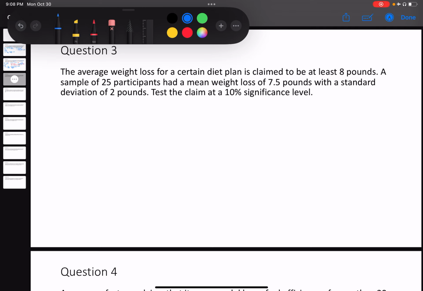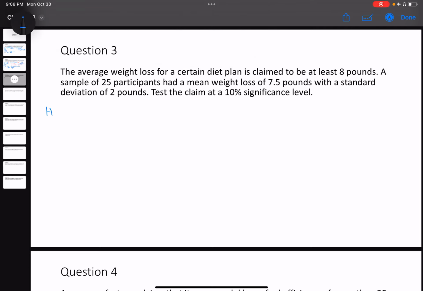Here again, we first define the hypotheses, null and alternative. Here, the null hypothesis would be that the diet plan is claimed to be at least 8 pounds.